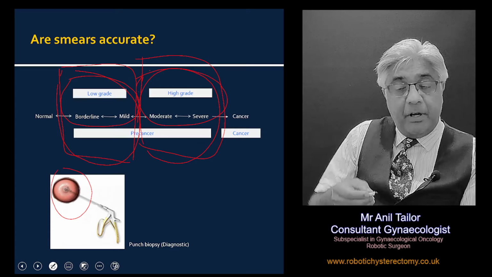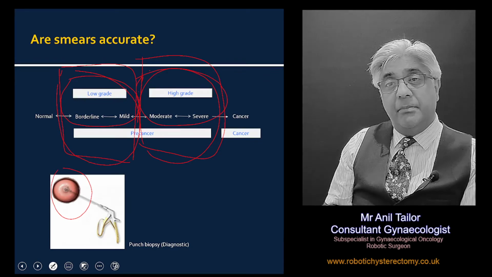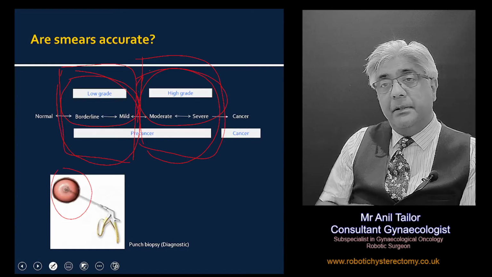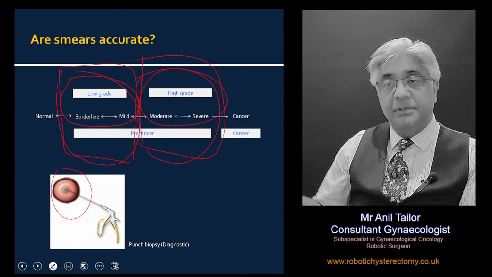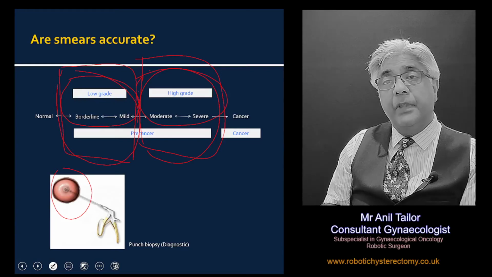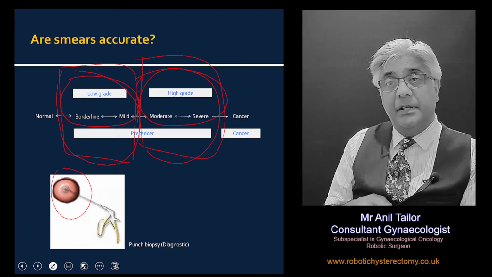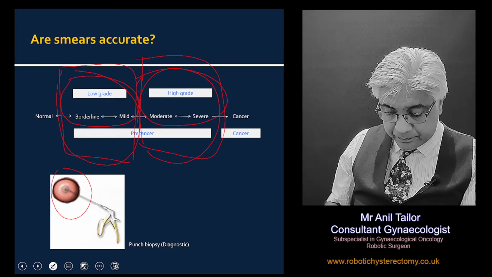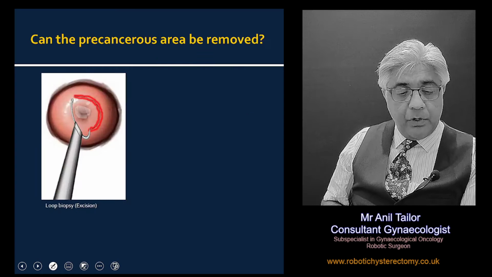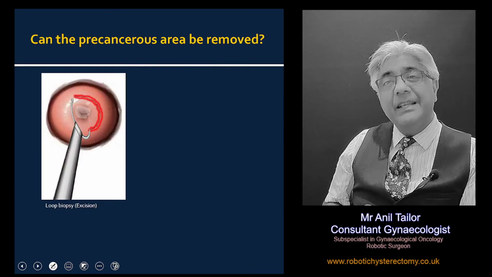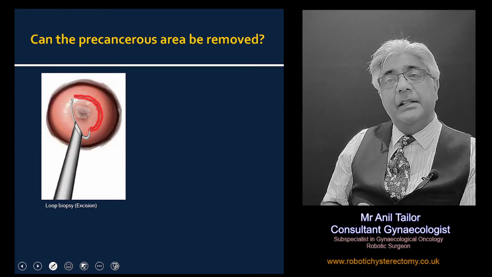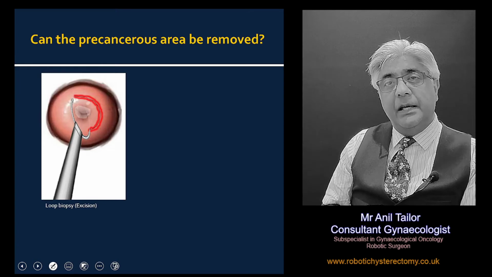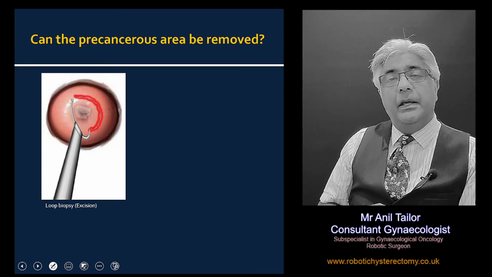That biopsy is then looked at under the microscope, and that result will come back some weeks down the line, and that will tell us whether the smear is correct or incorrect. So if there is a high-grade abnormality, then that generally is treated in most cases.